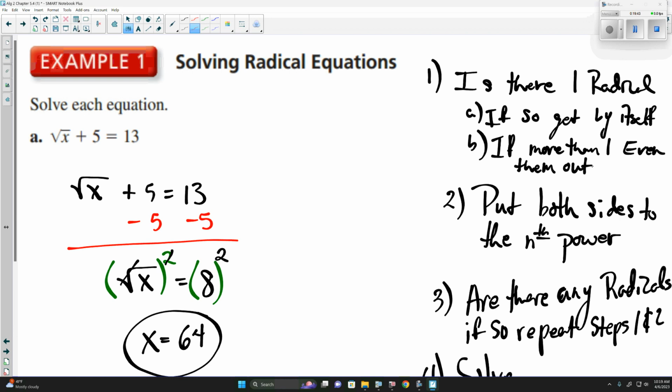And what I mean by that, even them out: if there's 2 radicals, I want 1 on either side. If there's 3, I want 1 on one side, 2 on the other. Doesn't matter which side has 2 and which has 1, but I want 1 and 2.